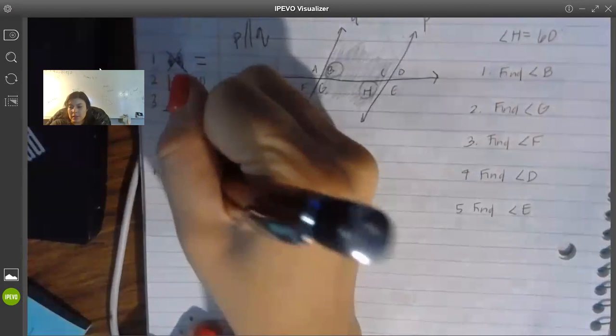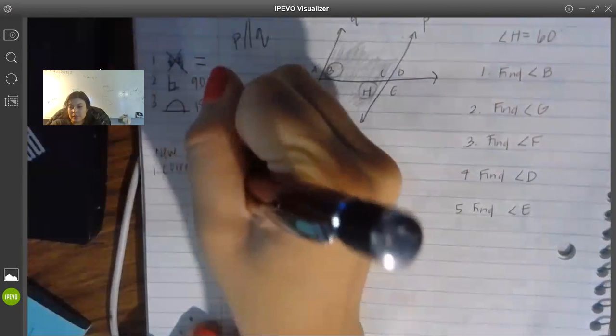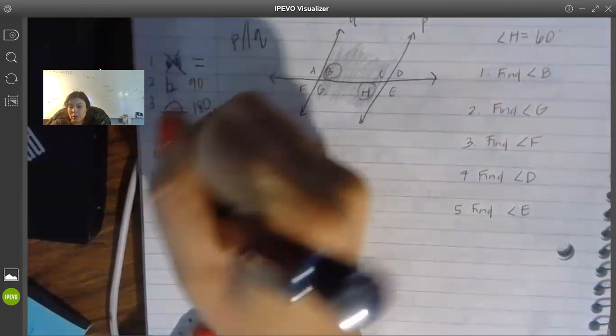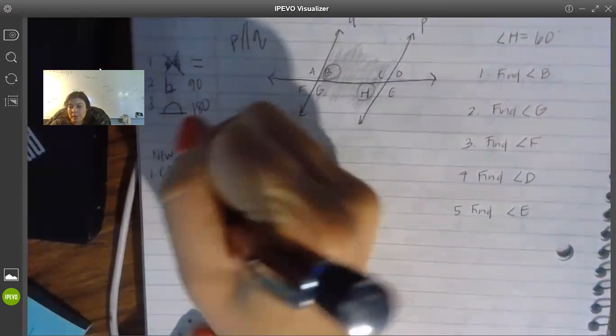Corresponding, is everyone copying? Is when they're matching in 2 different groups, but they're matching.